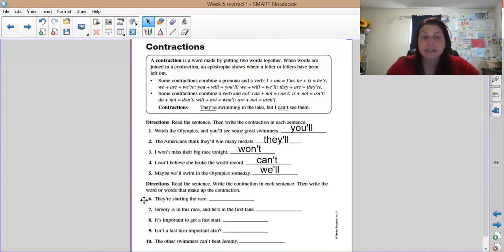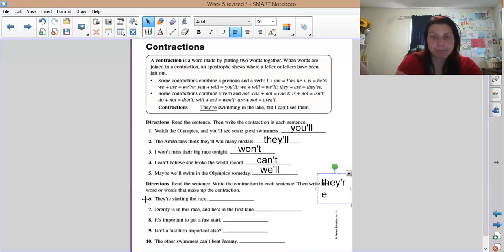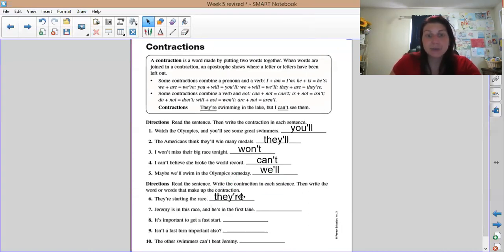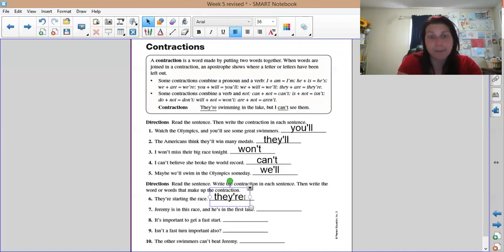Okay, so number 6 says they're starting the race. So find our contraction. Got it? Yes, it's there. And you can capitalize it. It is the first word in the sentence. So if you do capitalize it because it happens to be capitalized, you can. So it's there. And then they do want us to go next to it and write the 2 separate words that make it up.